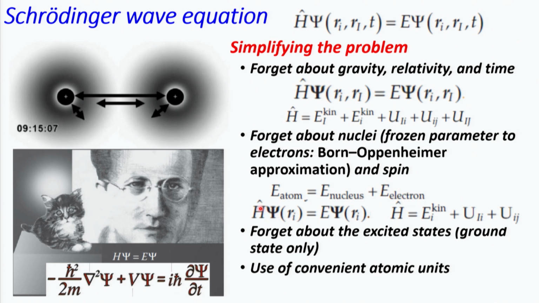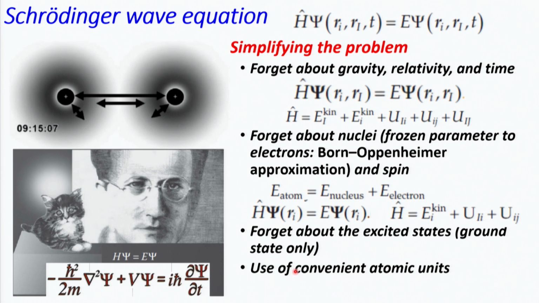So the Schrödinger equation becomes only the electronic Schrödinger equation: H psi of all the positions of the electrons equals E psi as a function of only the electron positions. So we are omitting the position variables of the nuclei, and the Hamiltonian takes only the kinetic energy of the electrons, the electron-electron interaction and the electron-nuclei interaction. Now we can also forget about the excited states, that means we only consider the ground state, which is another simplification.